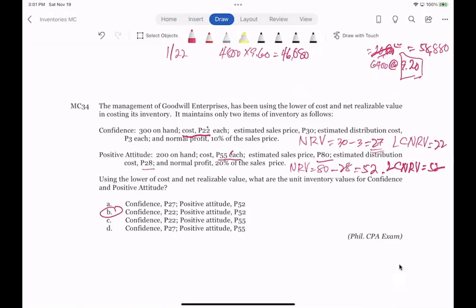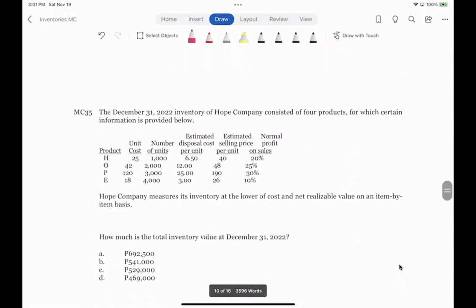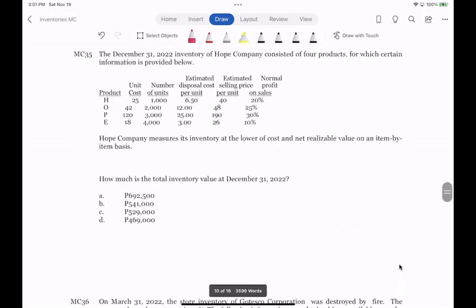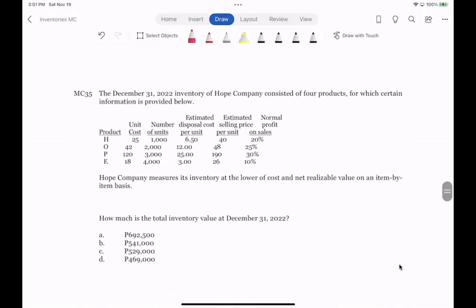Okay, proceed to MC 35. How much is the total inventory value at December 31, 2022? So if it is only the inventory value, again, we are to determine NRV and compare it with cost, so that we have lower of cost and NRV.